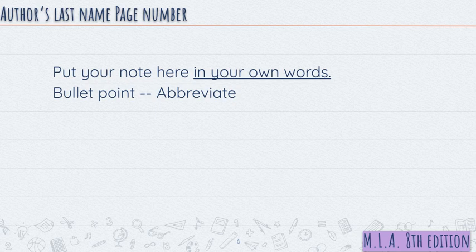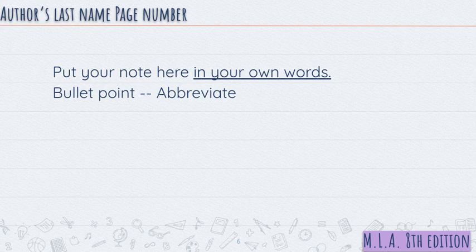Now, that is really important. The note should be in your own words. If you write the author's words down on this note card, you may accidentally use those same words when you go to write your paper later.